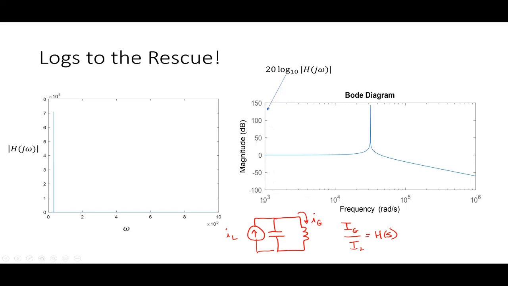So if I look at this, I see that between here and here, I've gone up a factor of 10 in frequency. So this is 1,000 radians per second. This is 10,000. This is 100,000. This is 1,000,000. So basically on evenly spaced points on the x-axis, I'm going up a factor of 10 in frequency. So we'll talk more about that as we go through.